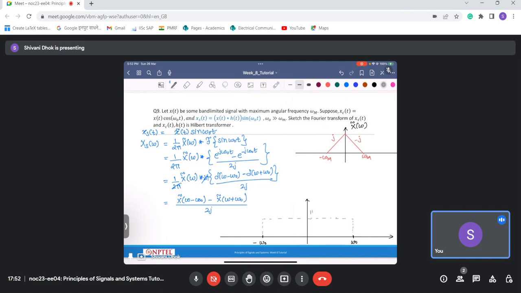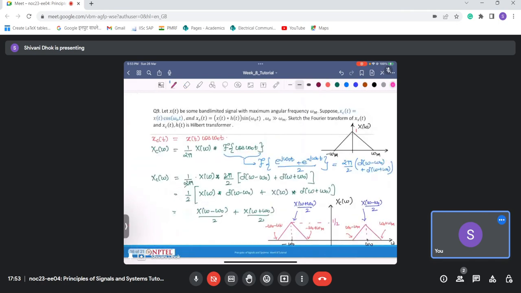So this is the 1 by 2 factor here, and this one is the shifted version. Here we had j, this is minus j, this is j, this is minus j. Now if we consider this positive part, this gets multiplied by 1 by 2j. The 1 by 2 I have already taken care of, so this will be divided by j. So this positive part will be basically 1, and this negative part will be basically minus 1.